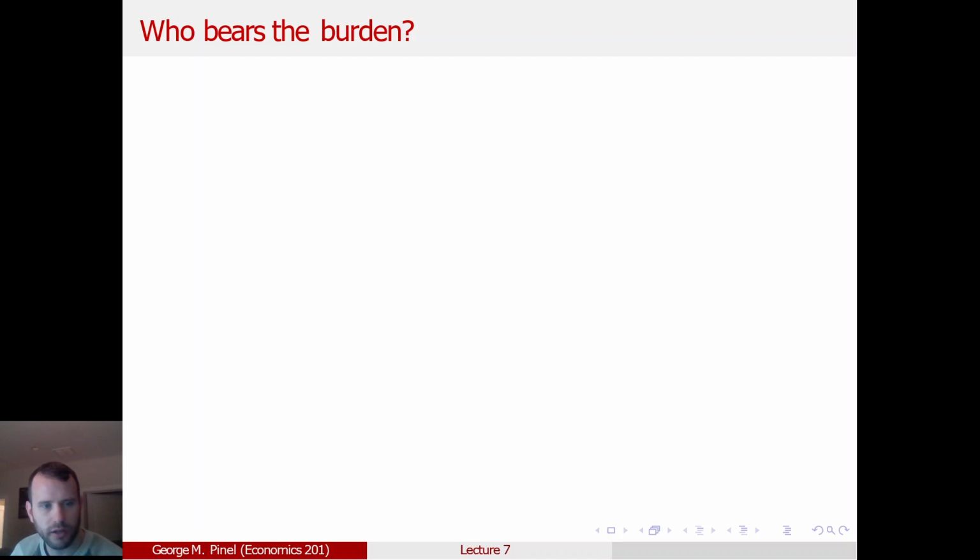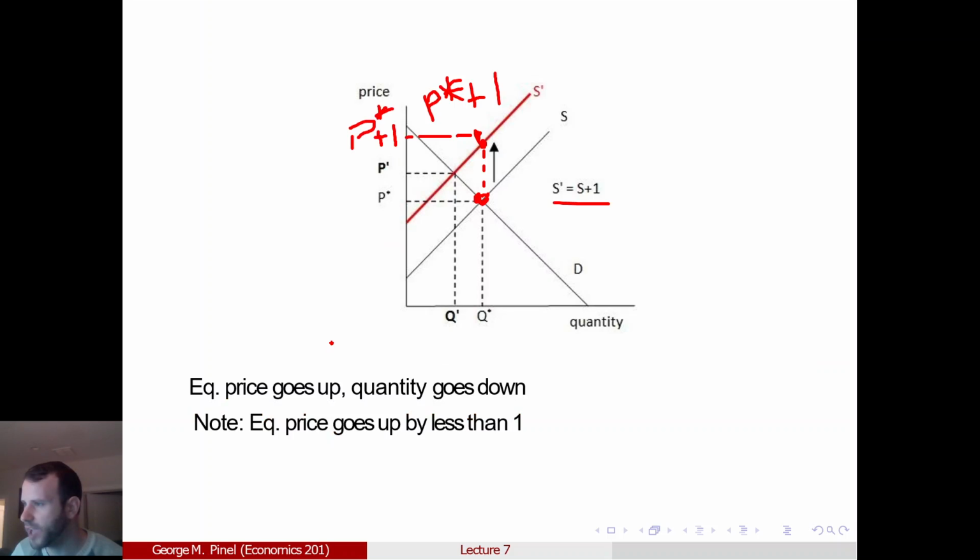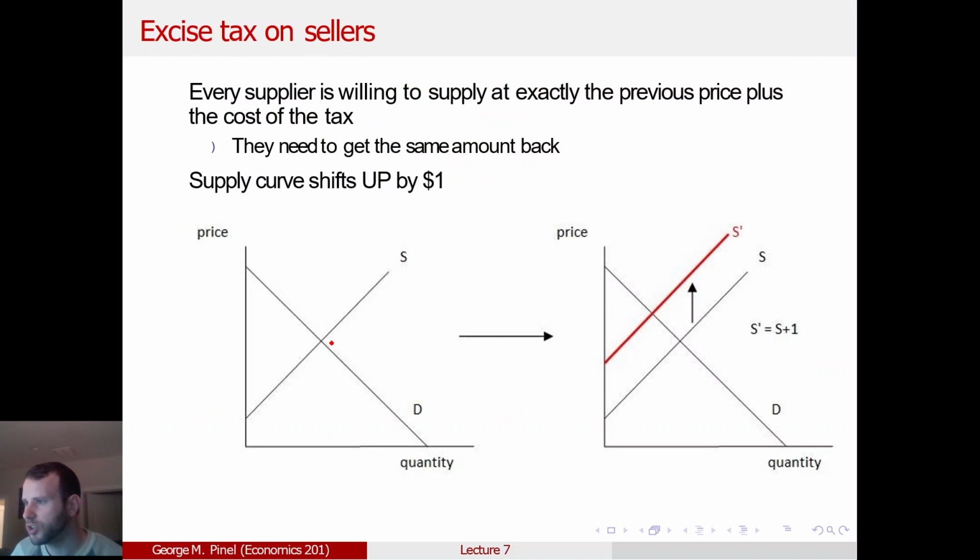I'm going to stop there. Just to recap, for every price, producers must now add the amount of the tax in order to be made equally well off. So the supply curve is going to shift up by the amount of the tax.